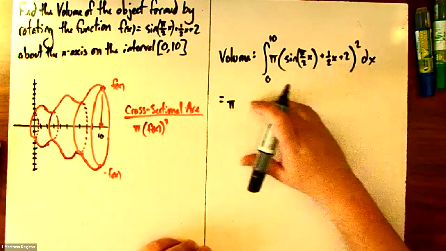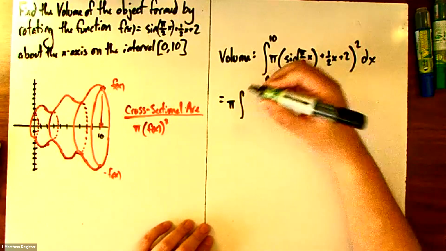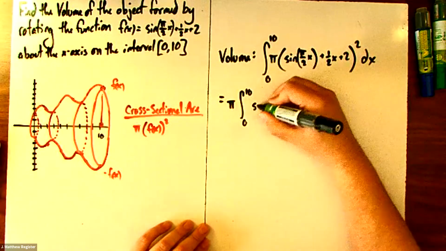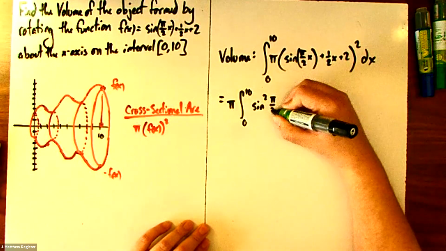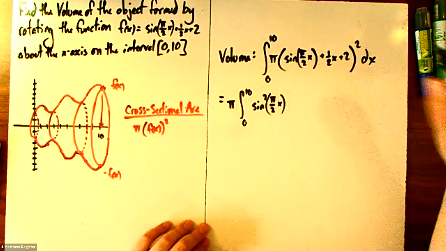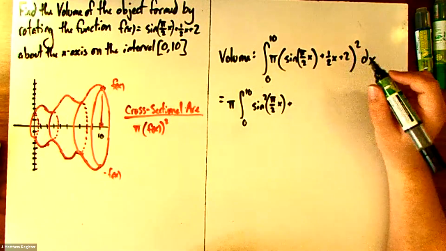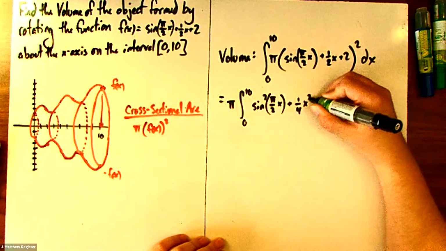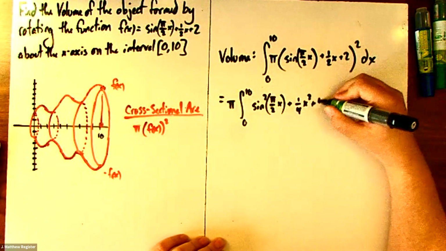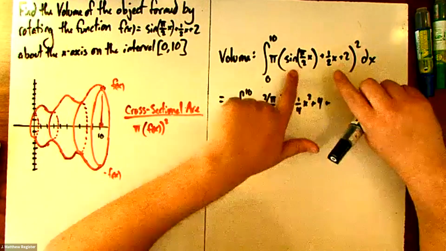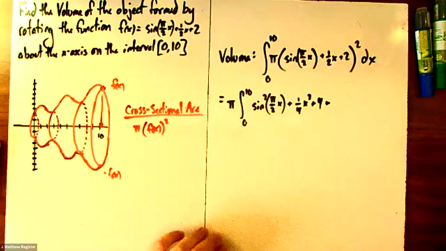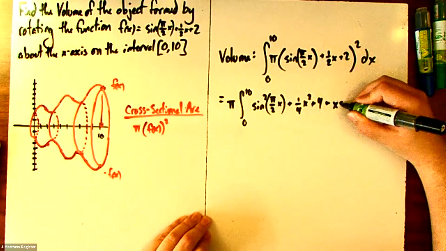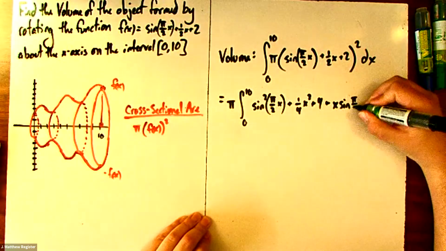And in foiling this, we're going to get something that is not very pretty. The integral from 0 to 10 is going to be a sine squared of pi over 2x, plus the 1/2 x squared, which is going to be 1/4 of x squared, plus 4. And then we have all of the cross terms. So this times this and this times this is going to give x times sine of pi over 2x.